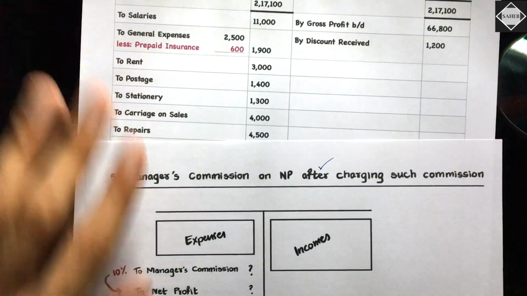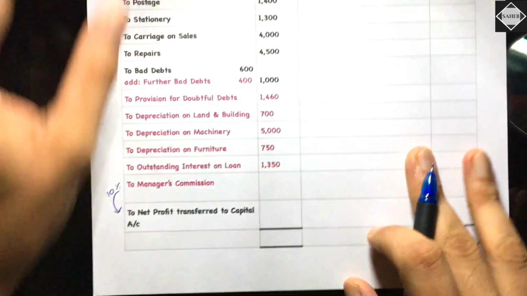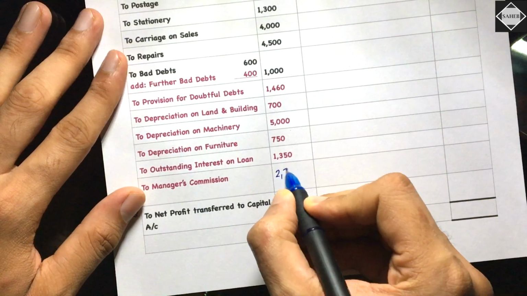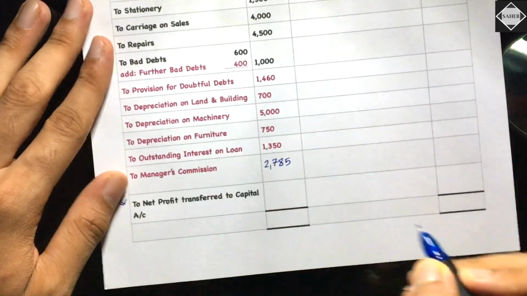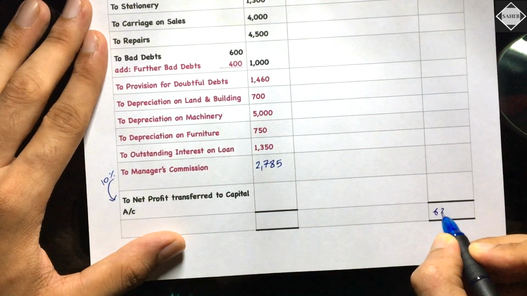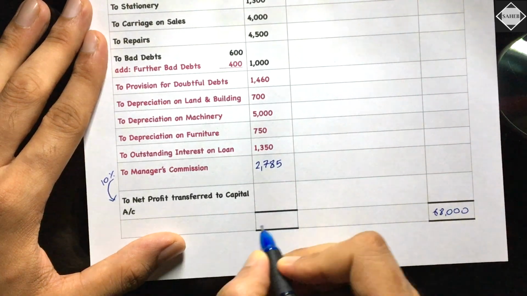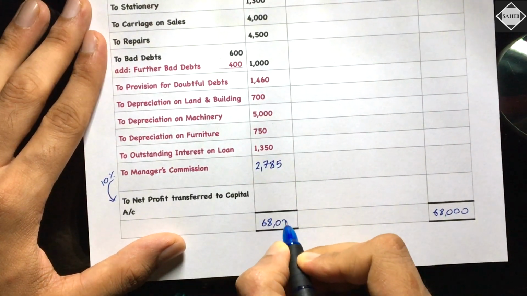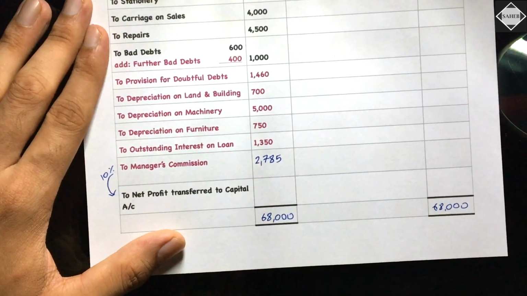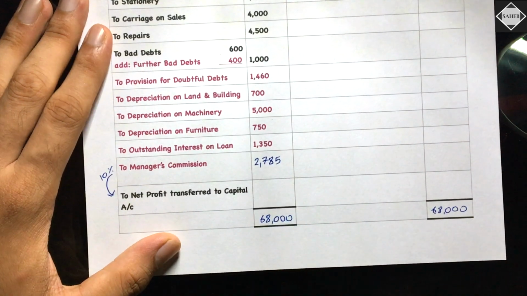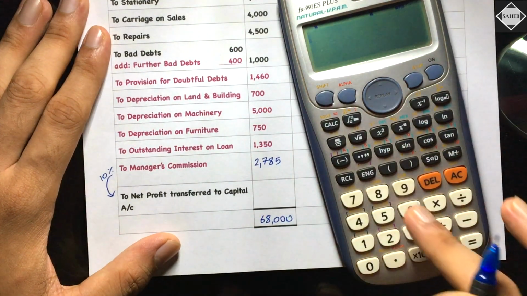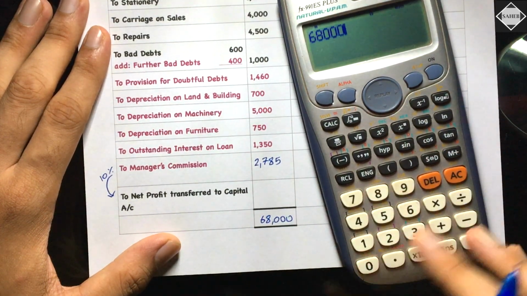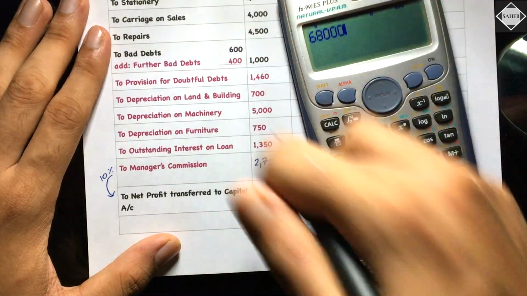So what we are going to do now, we are going to write over here 2785 as manager's commission, and we know this is 68,000, right? This is 68,000, here also 68,000. Now as a balancing figure, easily you can find out the net profit that is transferred to capital. Don't subtract all the expenses.